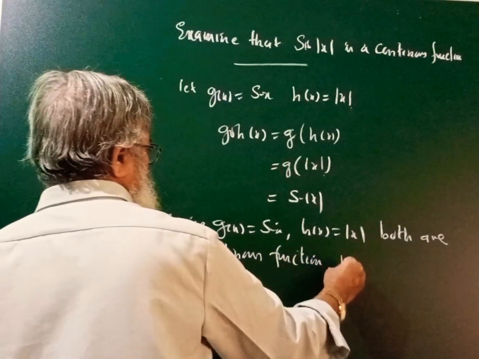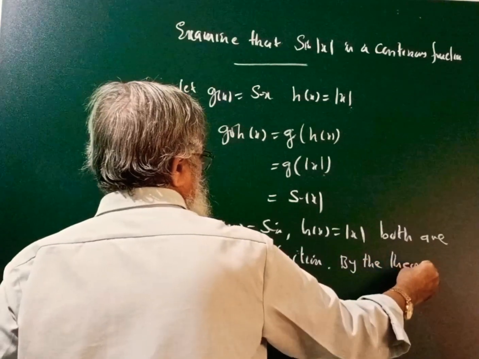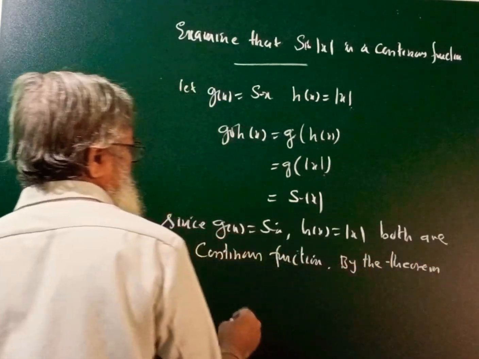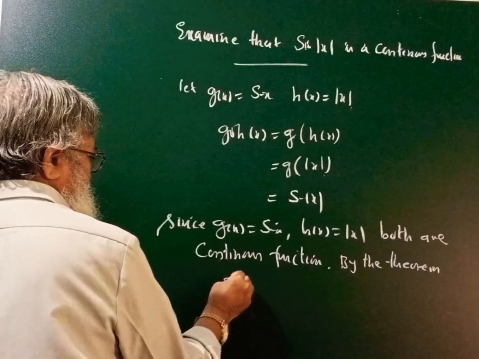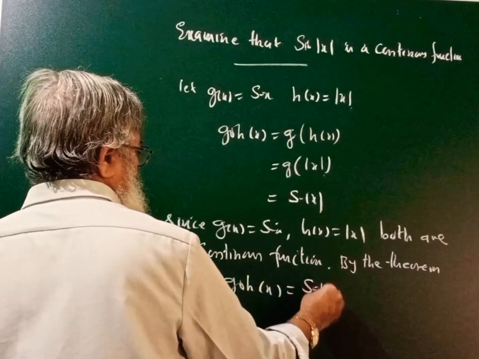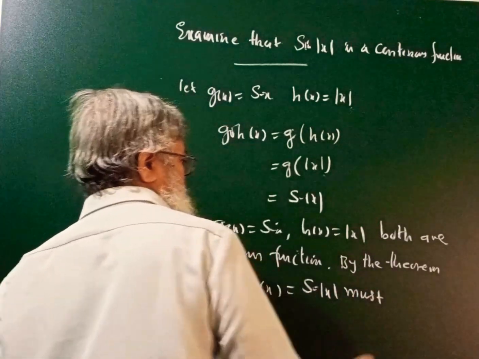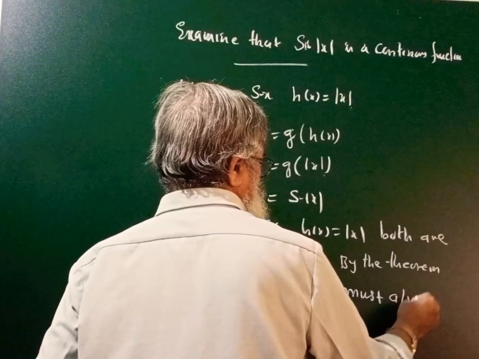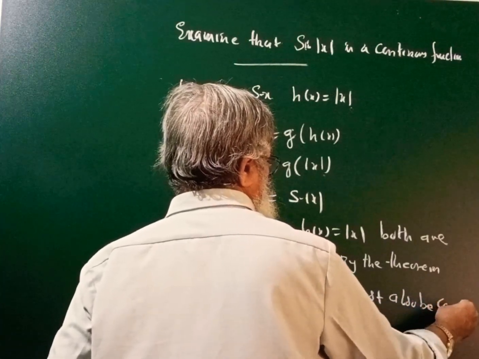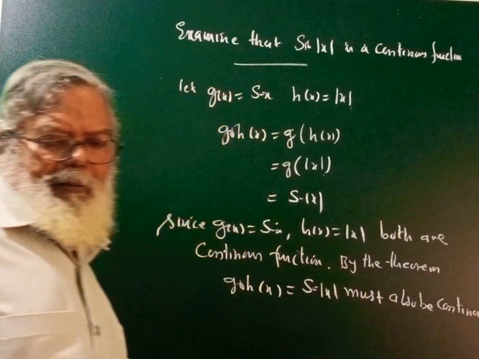By the theorem, g composition h of x, which is equal to sine of mod x, must also be continuous. That is the proof of that.